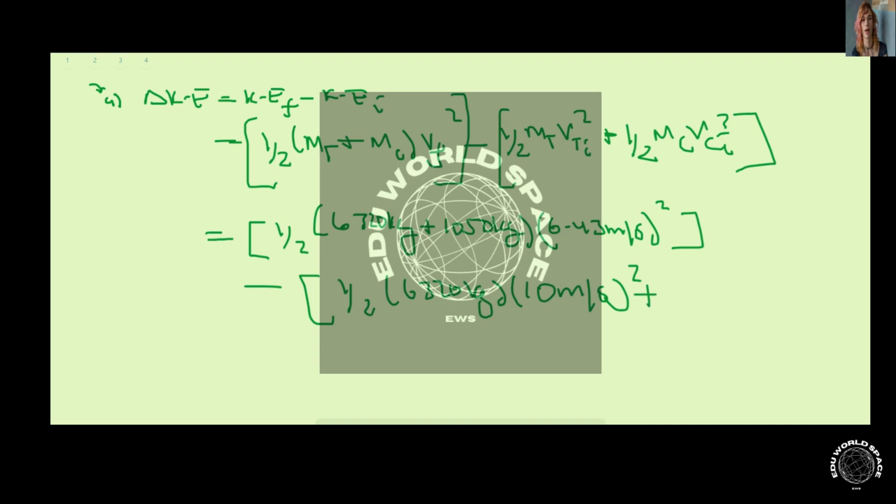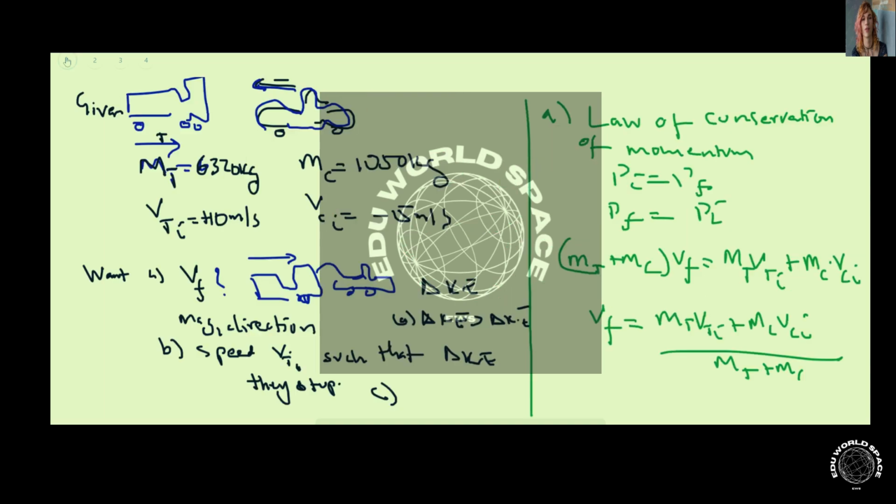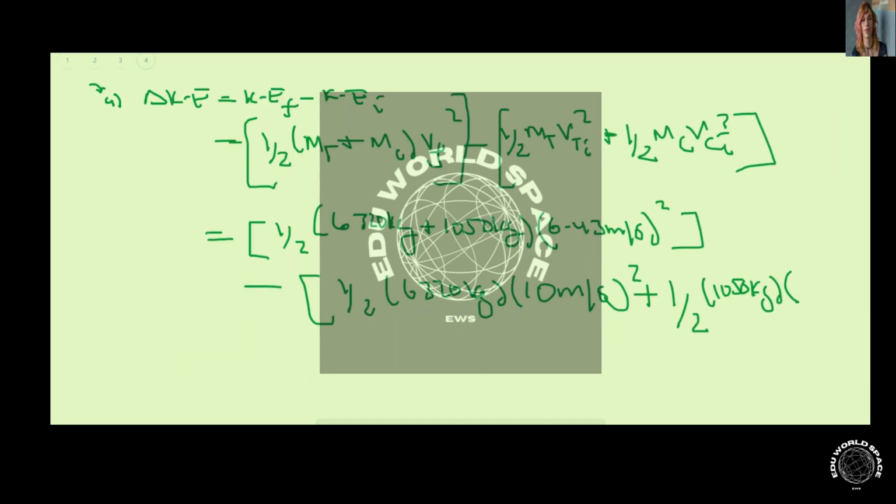And then also we have plus 1/2. Mass of the car is 1050 kilograms. Velocity of the car, if we go back, was -15 meters per second, so we have to include that squared.